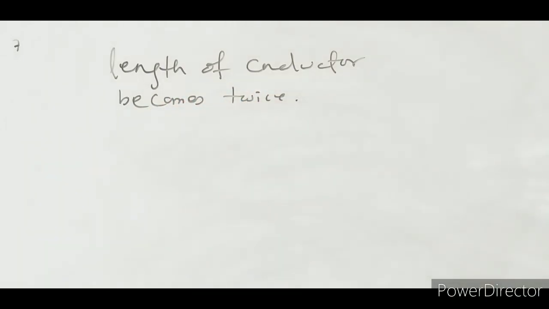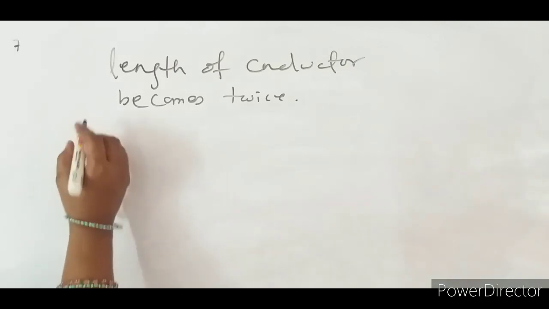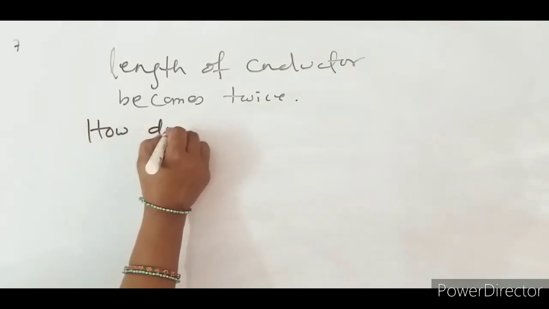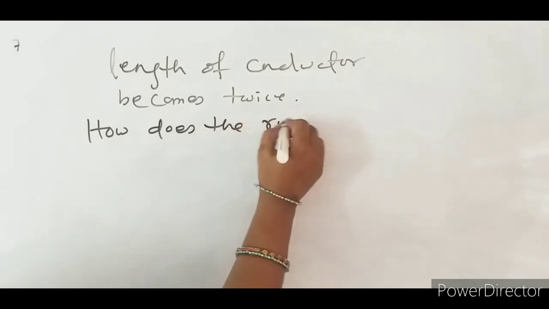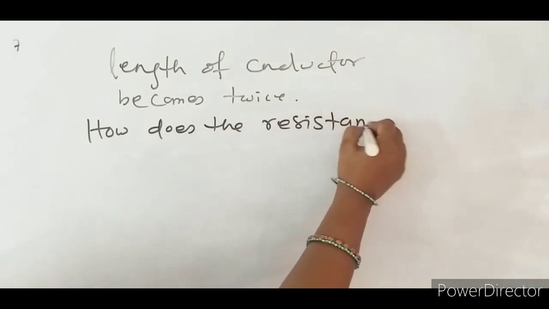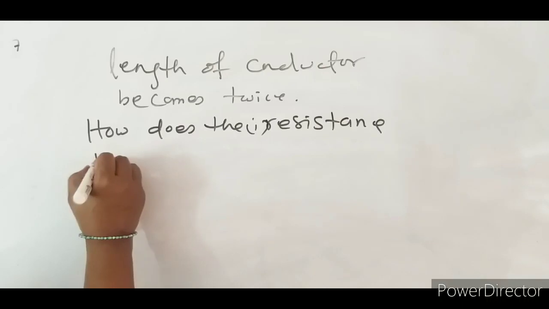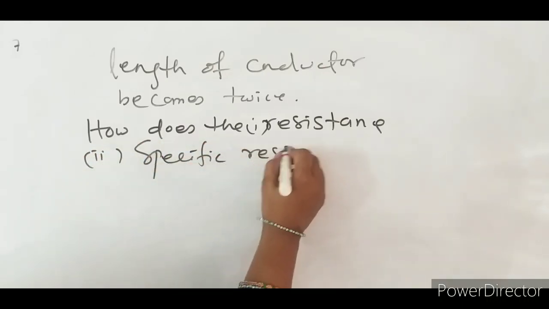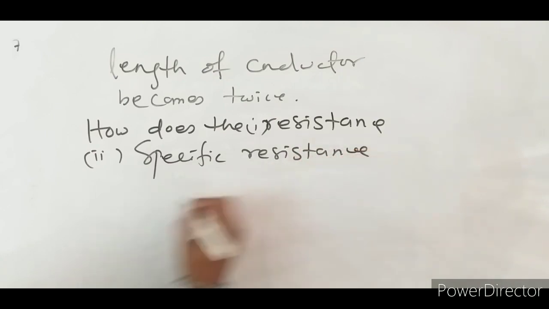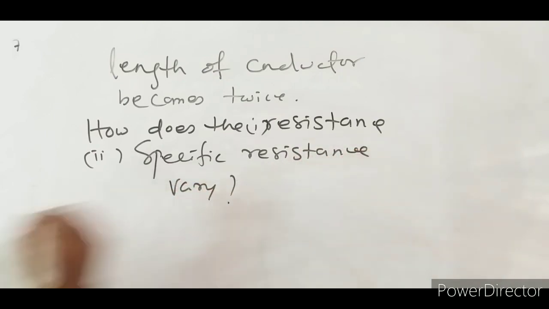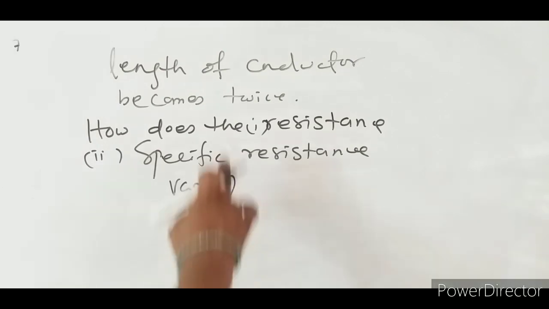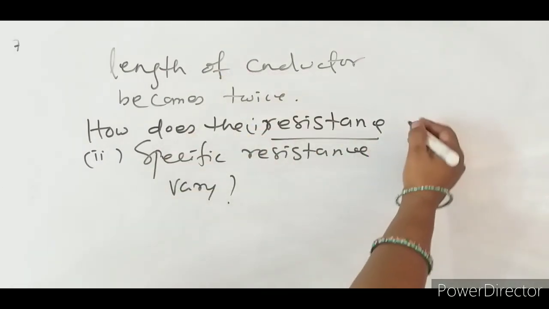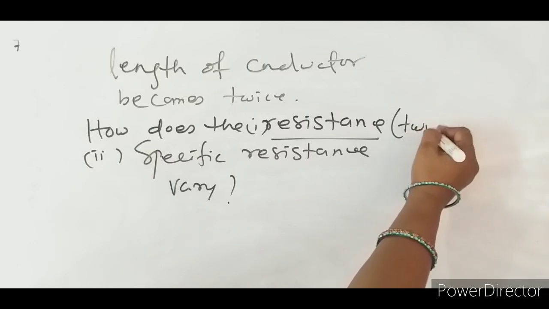Length of the conductor becomes twice, so resistance becomes twice.